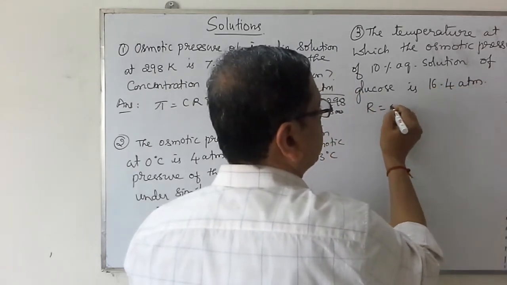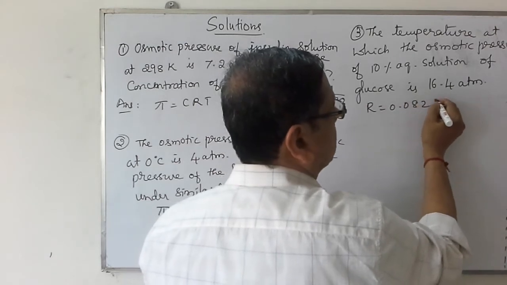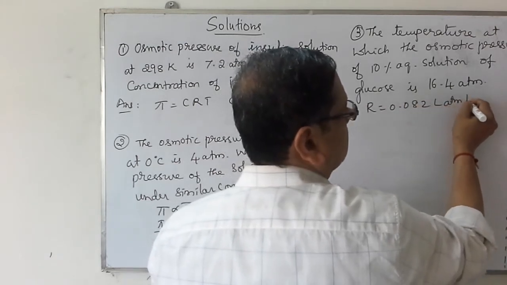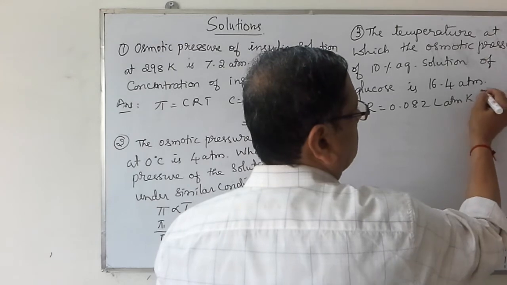R value is given as 0.082 liter atmosphere per Kelvin per mole.